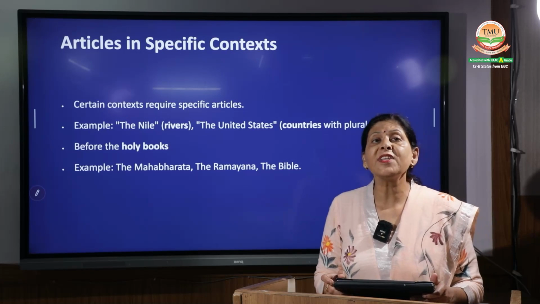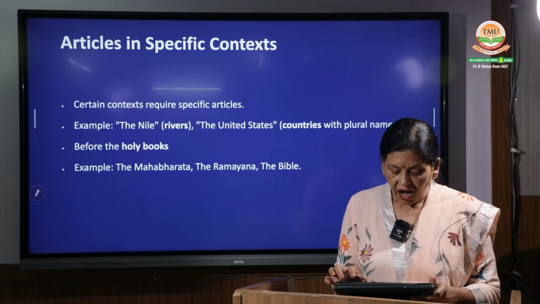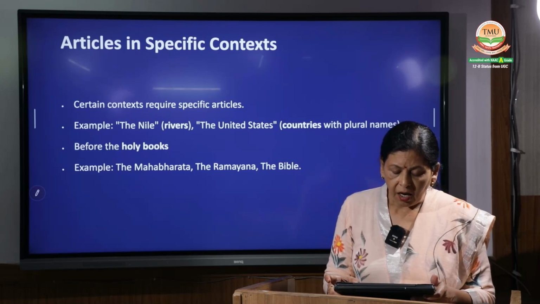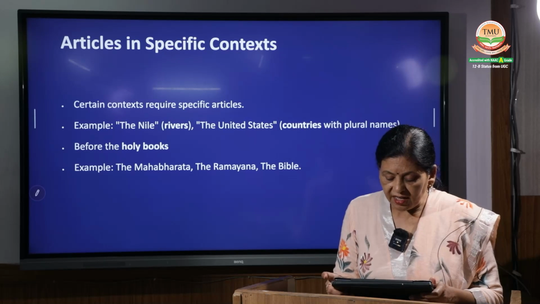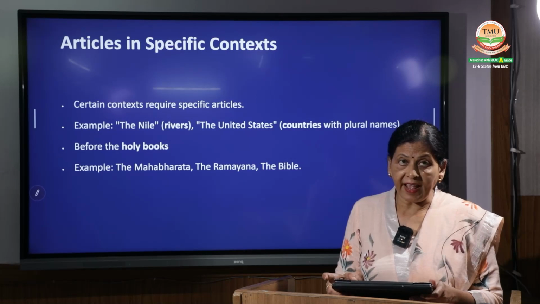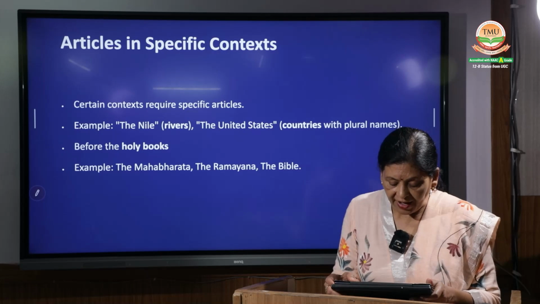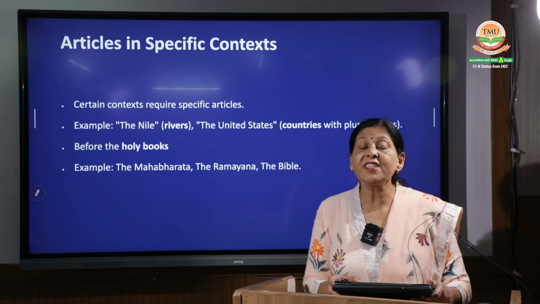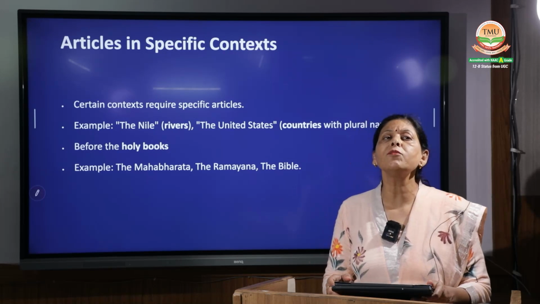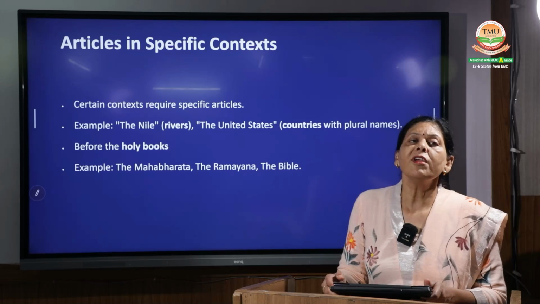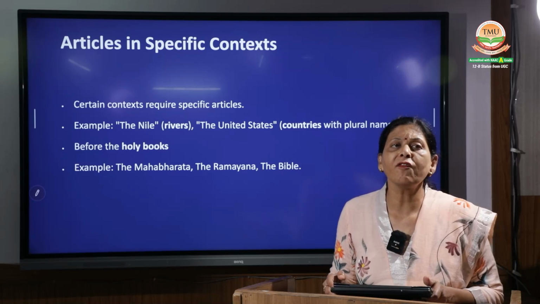Then articles in specific contexts. Certain contexts require specific articles. That is, the Nile, the United States, in front of the names of countries which are a group of countries. It is like the United States of America.